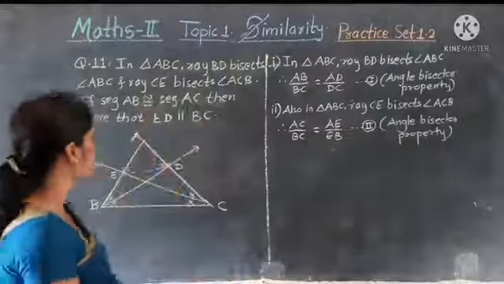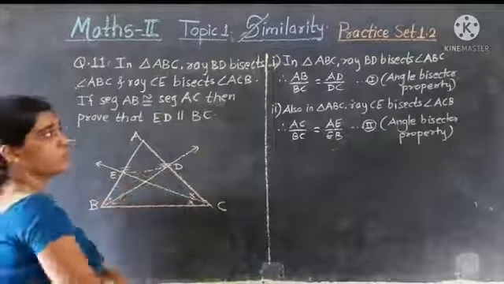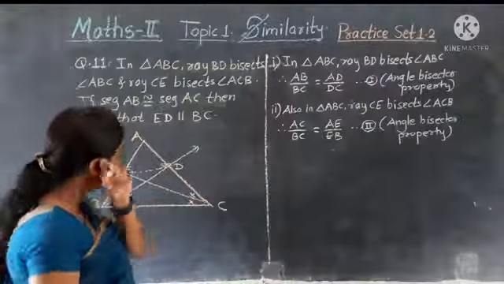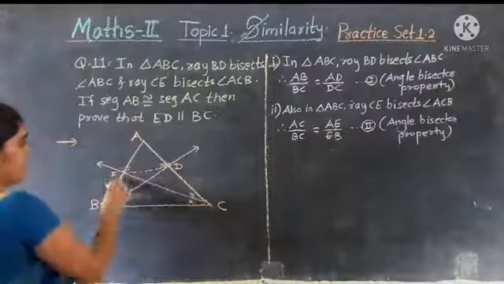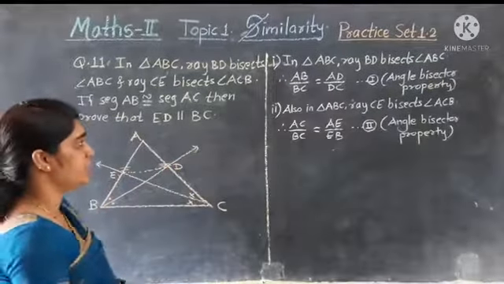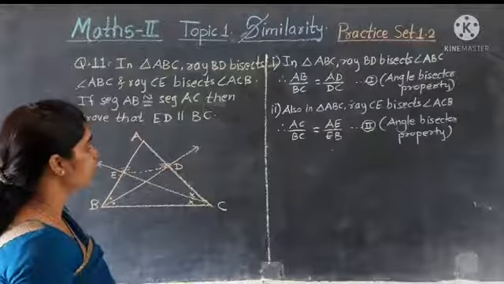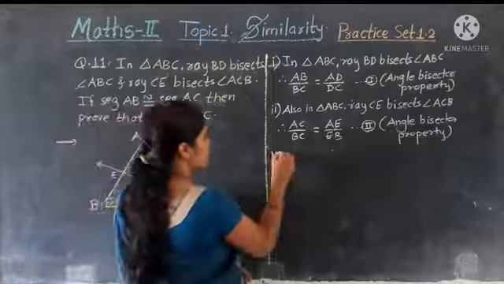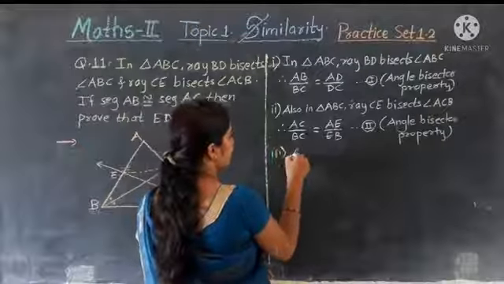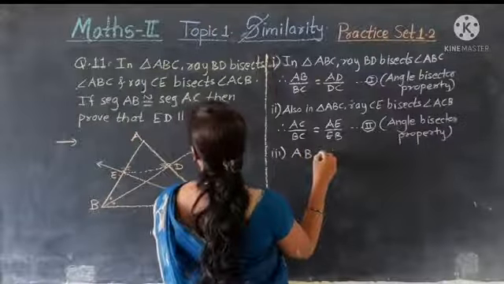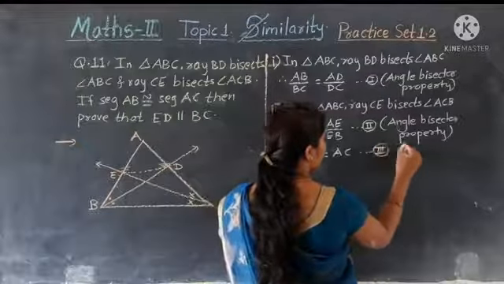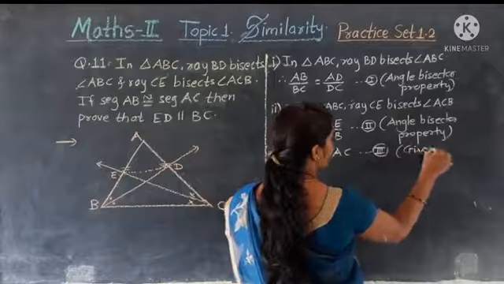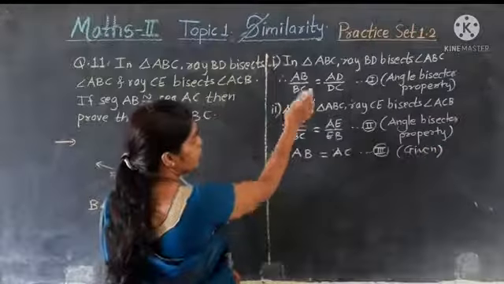Okay, understand up to this? From these two you use the angle bisector property. Now we have to show AE upon EB is equal to AD upon DC. For this, also a third condition is given, that AB is equal to AC. You call this equation number 3. It is given. So observe equations 1, 2, 3.